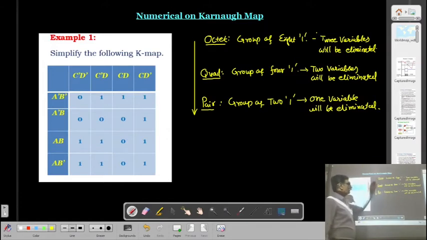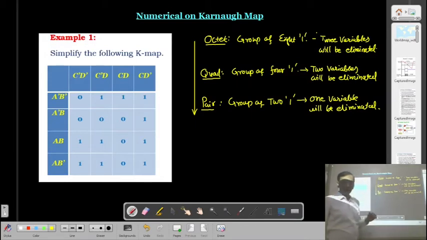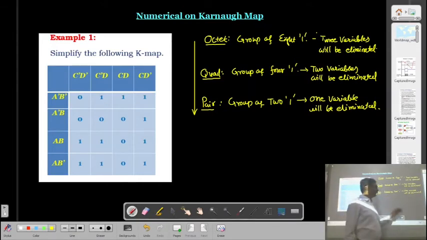If the octet is not there, then you can find a quad. What is a quad? It is a group of 4 high levels, and in that case, 2 variables will be eliminated. If the quad is not present, then look for a pair. It is a group of 2 high levels, and in that case, 1 variable is going to be eliminated.